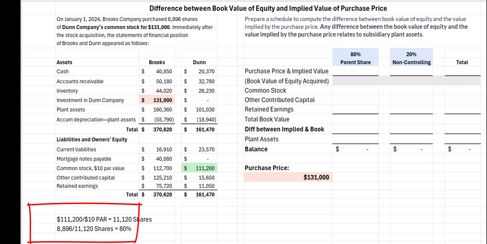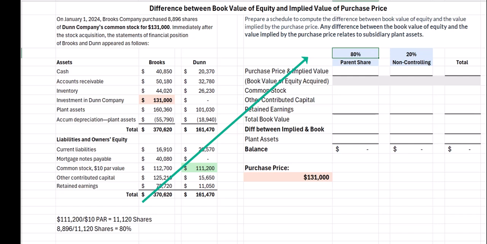So 8,896 shares that I purchased divided by the total of 11,120 outstanding gave me my 80%, and then the other 20% is their non-controlling.